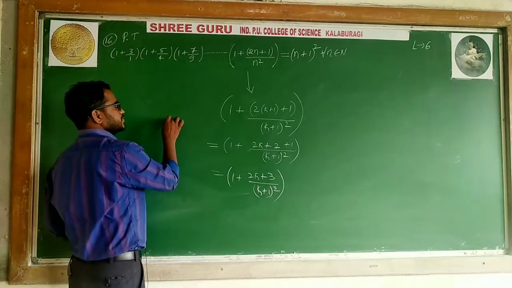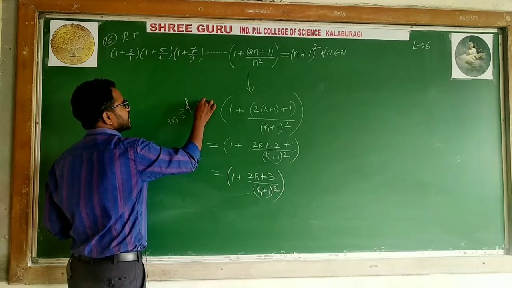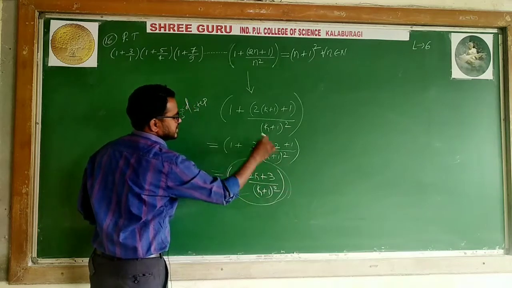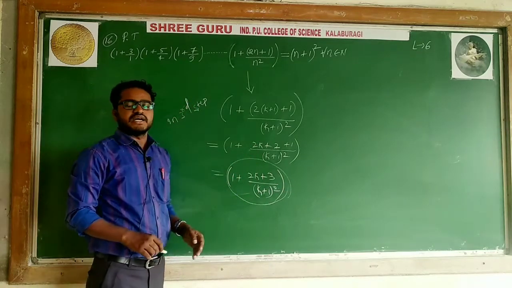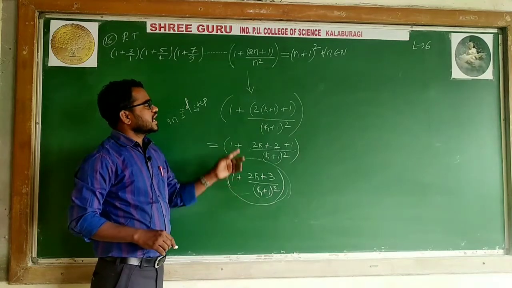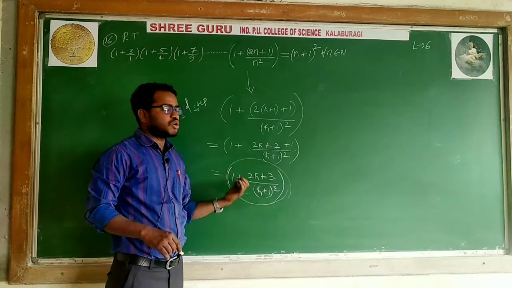In the third step we have to multiply this term. In the previous case we decided on the basis of the nth term, and here also we decide on the basis of the nth term, replacing n with k plus 1. The simplified form is this, and you have to multiply.